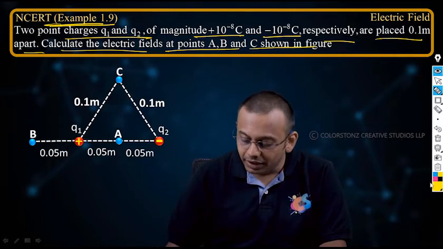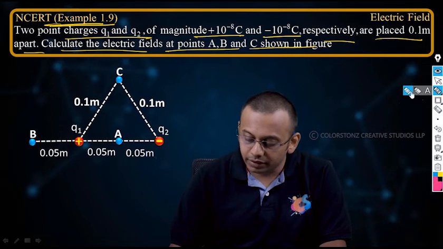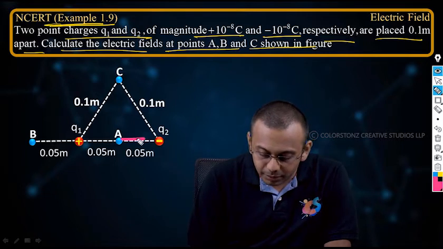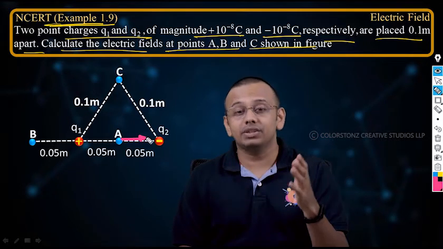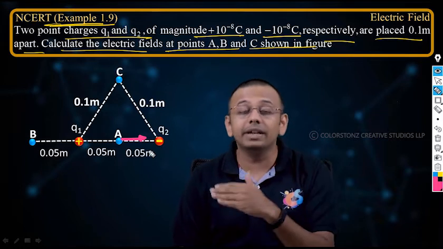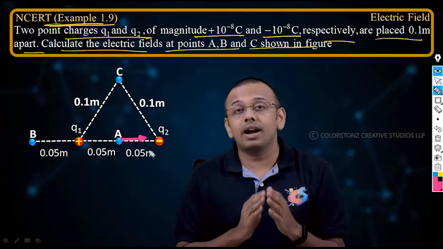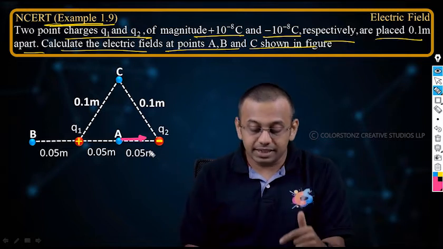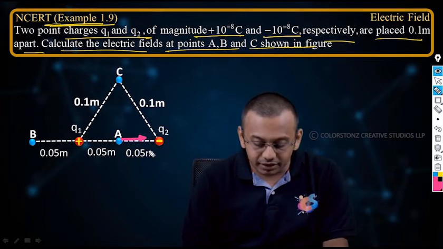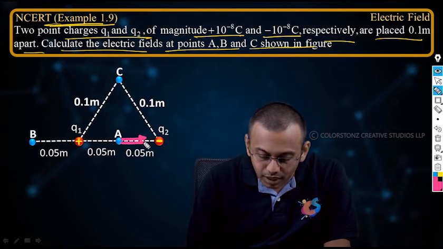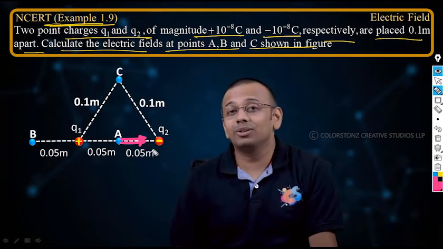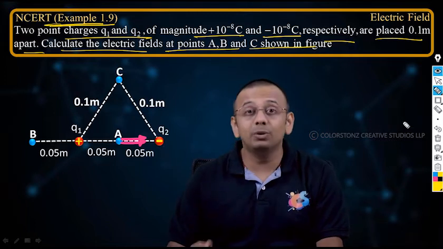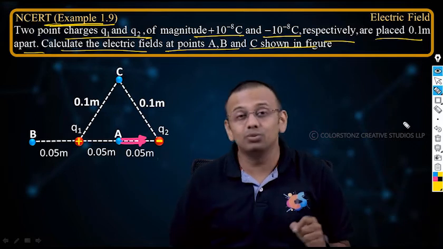So at A, if I want to show the electric field, then due to the positive charge there will be a field in this direction, away from the charge. Positive charge always produces a repulsive field, whereas negative charge will produce an attractive field. So the field due to the negative charge will also be in the same direction, and therefore the net field will be the sum total of these two fields.